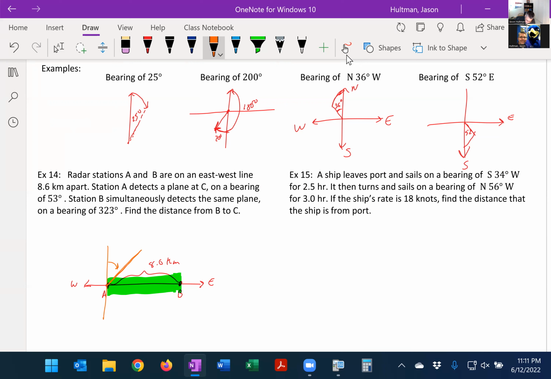So that's that angle there. And we'll just put C here. We don't know how long it is yet, but we'll just put C there.